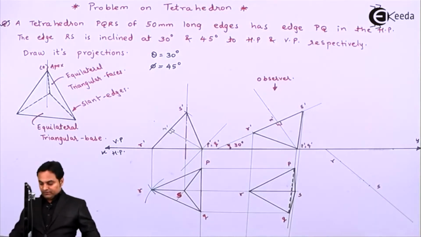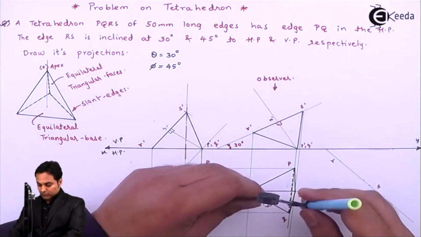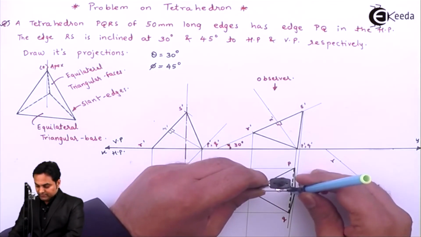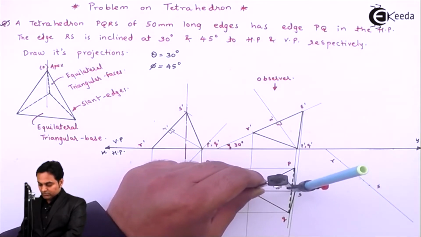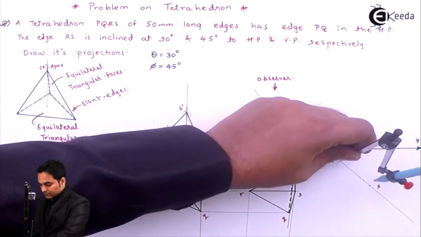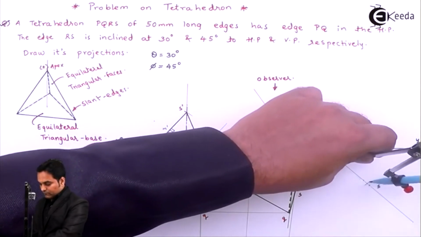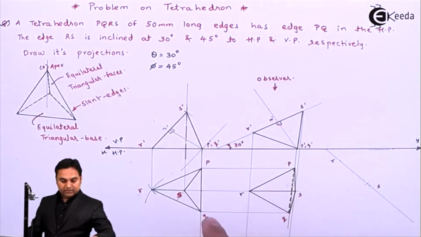Next, I have to mark points P and Q. For that, I require this line, that is the distance between point R and this dotted line. Then it is perpendicular to RS.